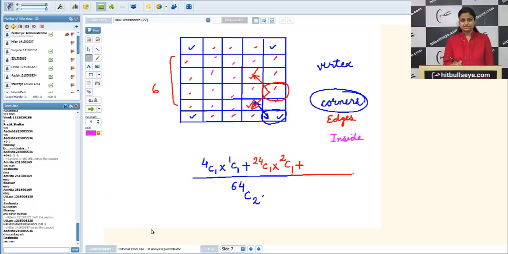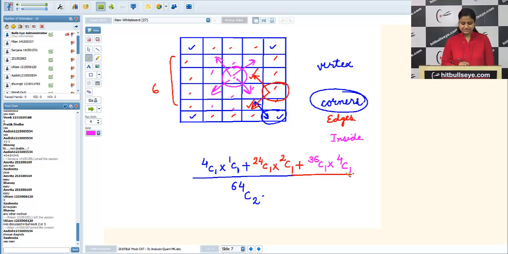Now coming to the inside squares, the pink ones. How many pink squares are here in an 8x8 chessboard? The inside squares, the pink squares, will have dimension 6x6 because the boundary is used. That's why we are left with 36 squares. You can choose any one out of these 36, and corresponding to this, we can have 4 combinations.